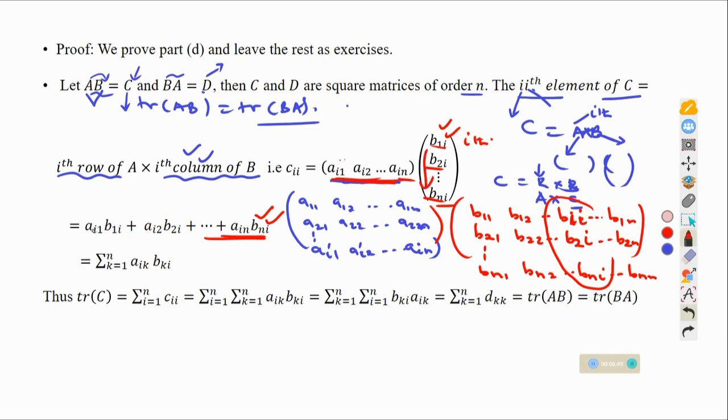So you realize that i is constant, and when you look at the B's, in B also i is constant. So 1 is varying. That is 1 here, that is 1 here, 2 here, that is 2 here. So the same applies.